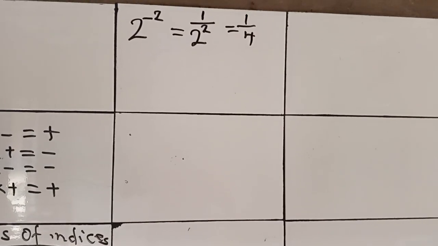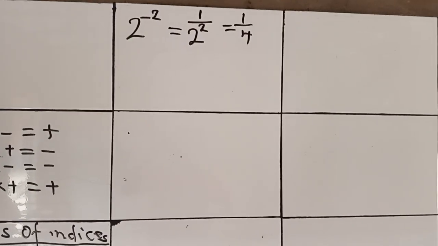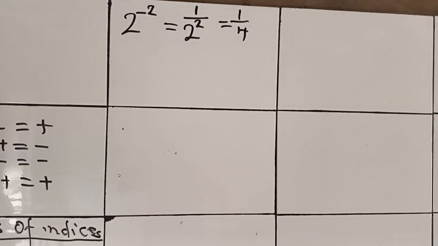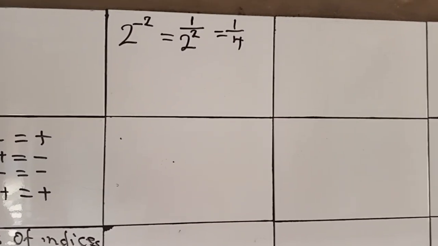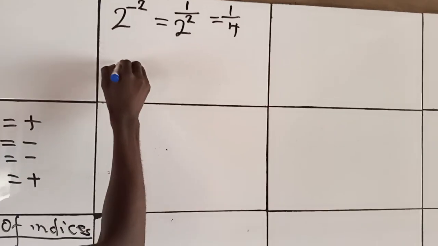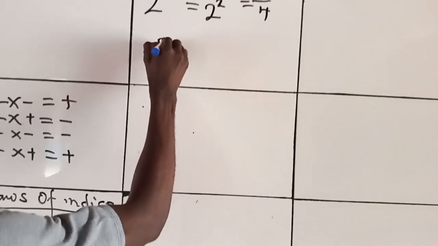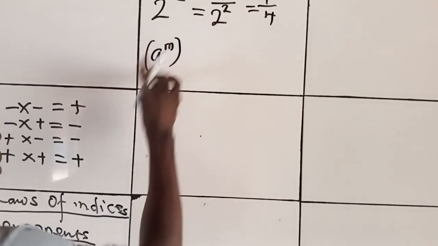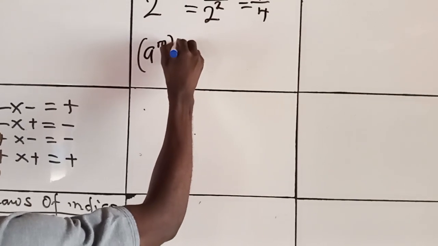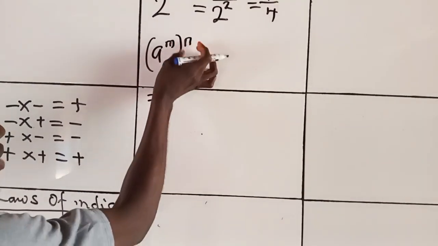So let's say we have, under this, a raised to the power of m, all raised to the power of n. This is equal to what is outside the bracket.